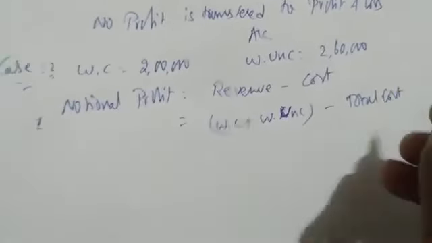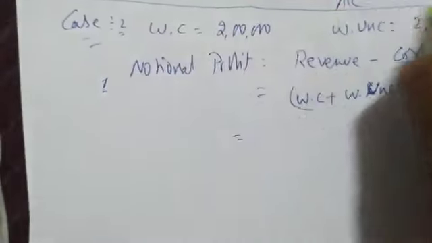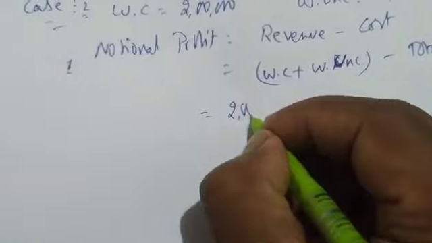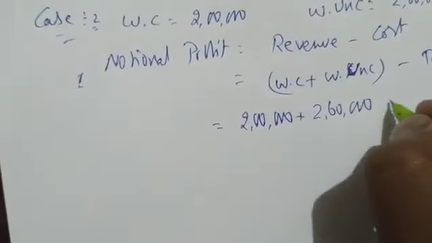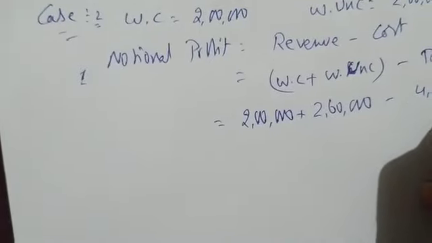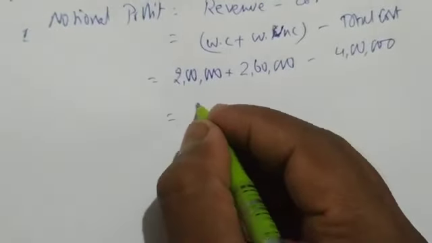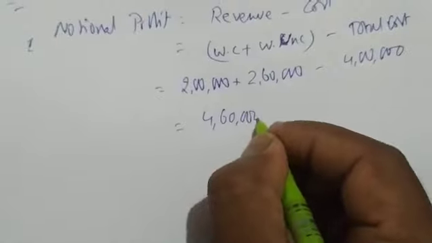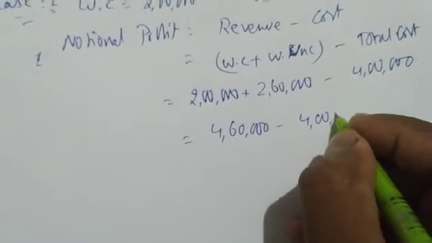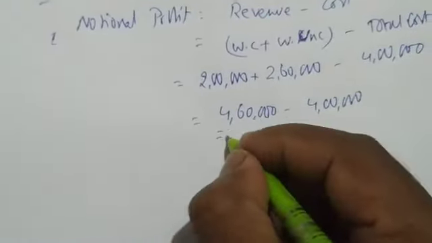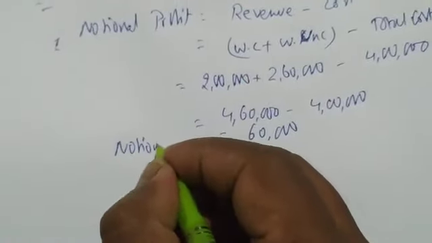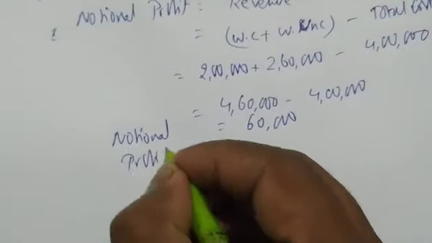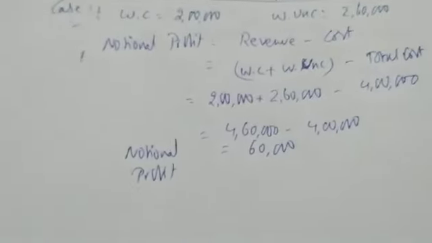So work certified is 2 lakhs, uncertified is 2,60,000, minus total cost of 4 lakhs. So we are getting 4,60,000 minus 4 lakhs. How much is profit? 60,000 is profit. Which profit? Notional profit is 60,000. Got it? It's very easy.